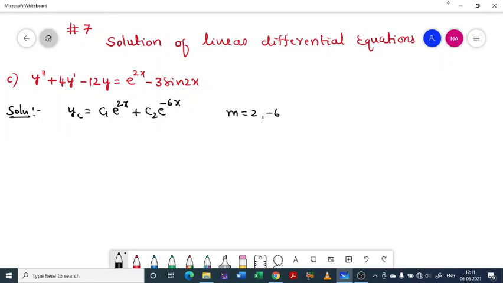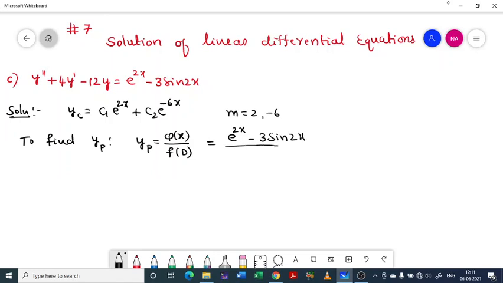Okay. Now to find yp. The formula for yp is yp equal to phi of x divided by f of D, that is e power 2x minus 3 sin 2x divided by f of D. F of D is D square plus 4D minus 12.